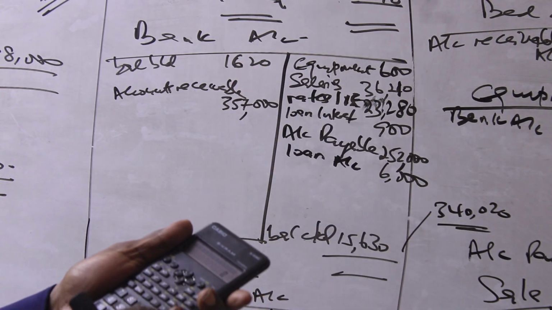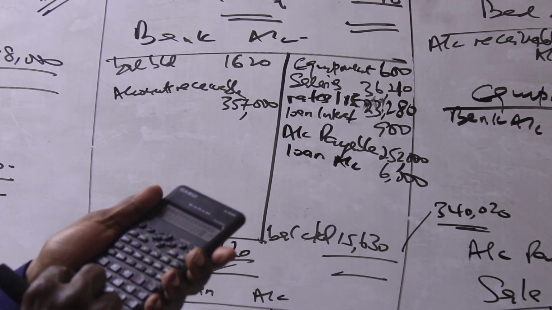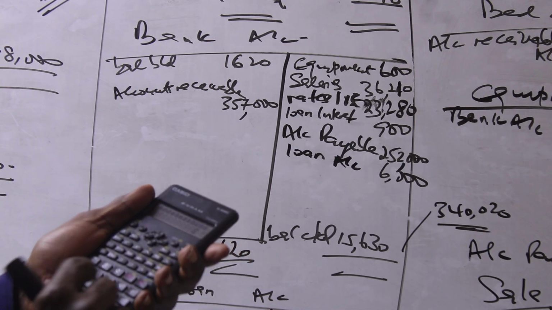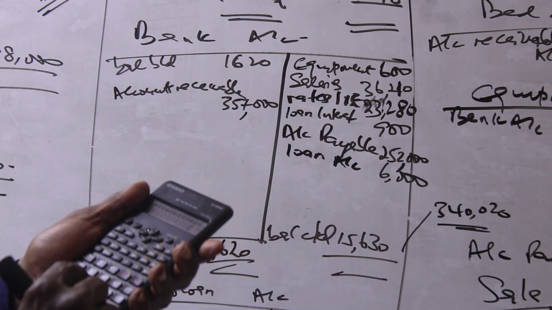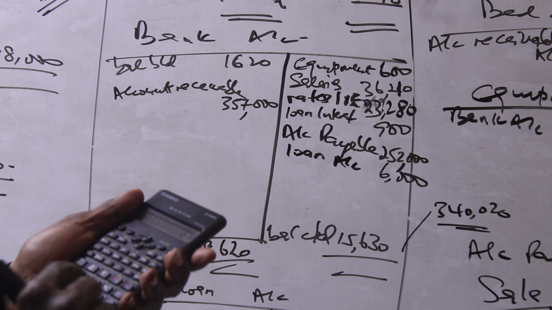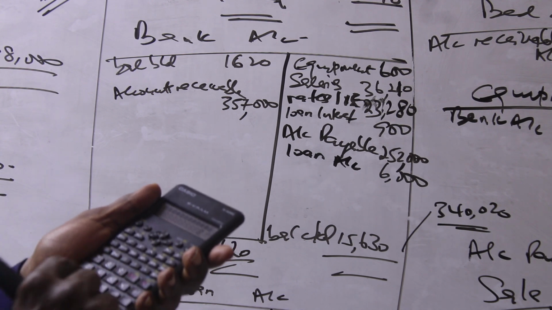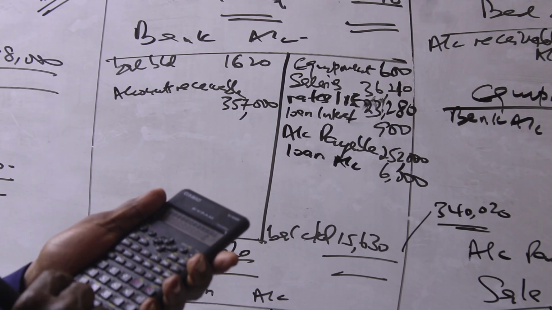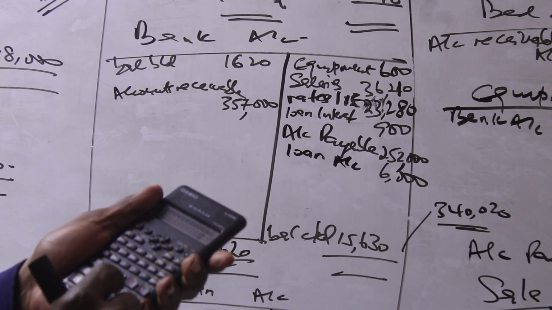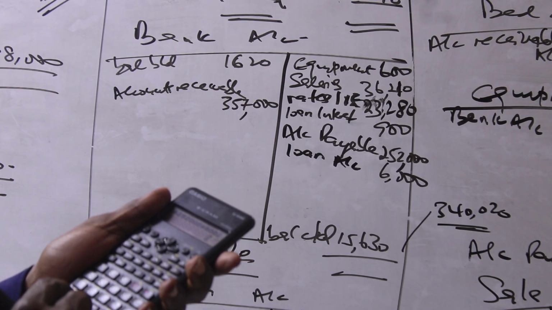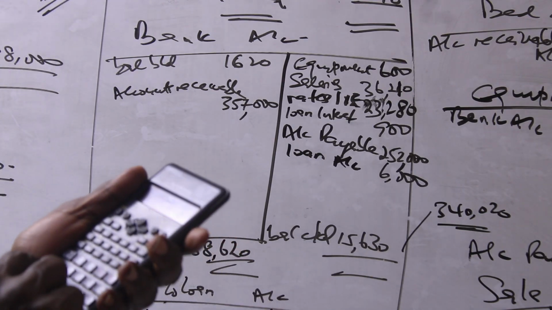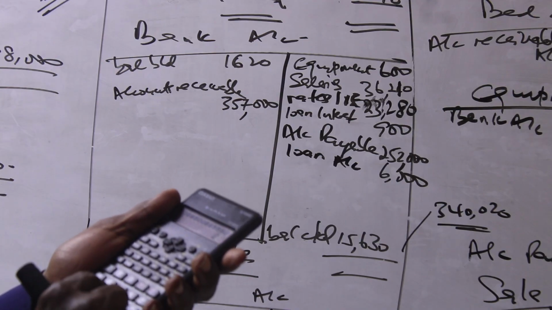Let's add the credit side. 600 plus 6,210 plus 2,380 plus 900 plus 252,000 plus 123 plus 6,000, plus you even add the balance carried down, 15,630.